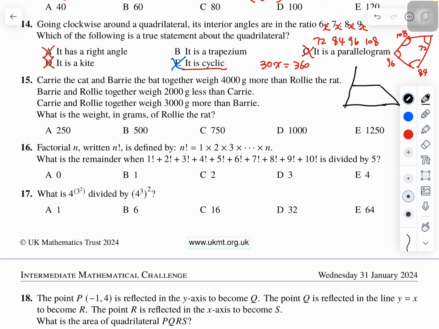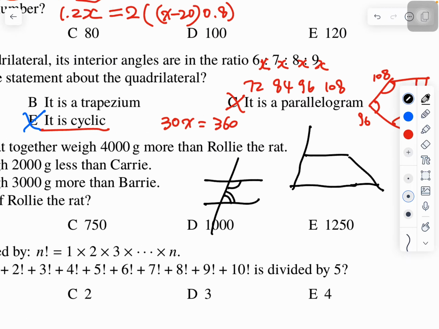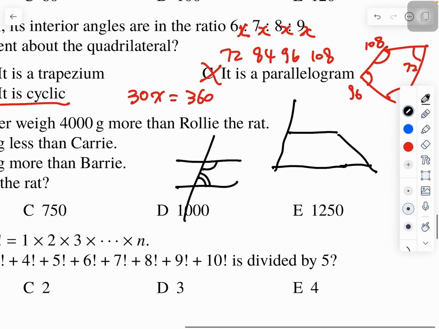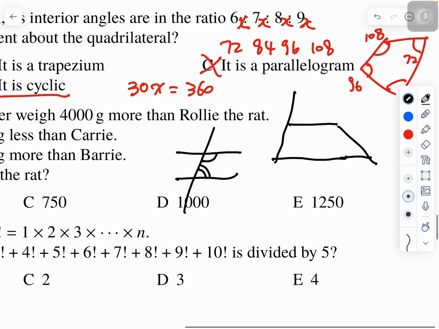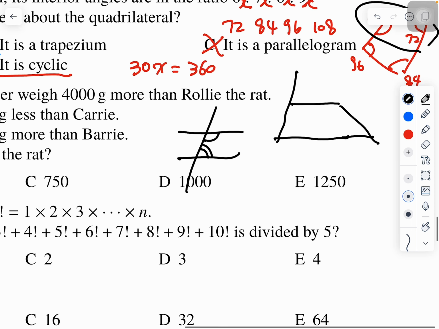But whatever it is, when we have two parallel lines and a transversal like this, the same side interior angles always make 180 together. Here, we couldn't make 180 from the opposite angle pairs, but now we can make 180 with these adjacent angles.